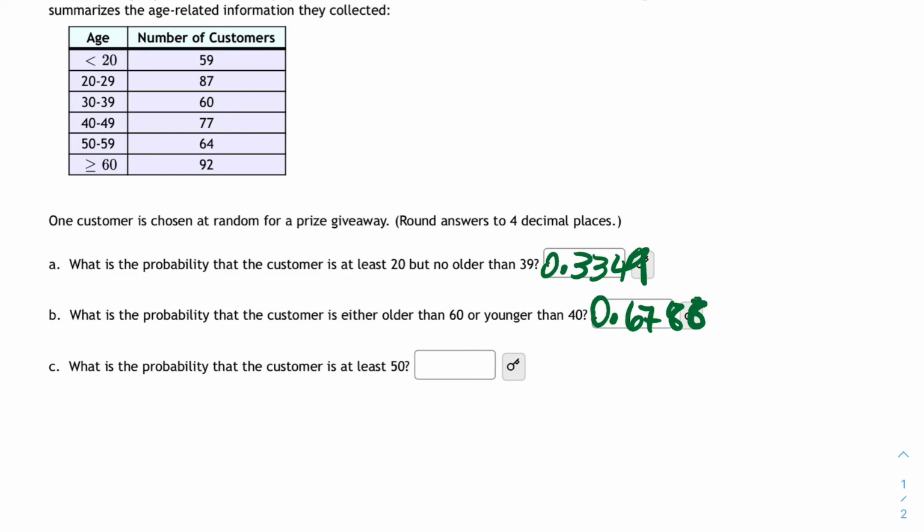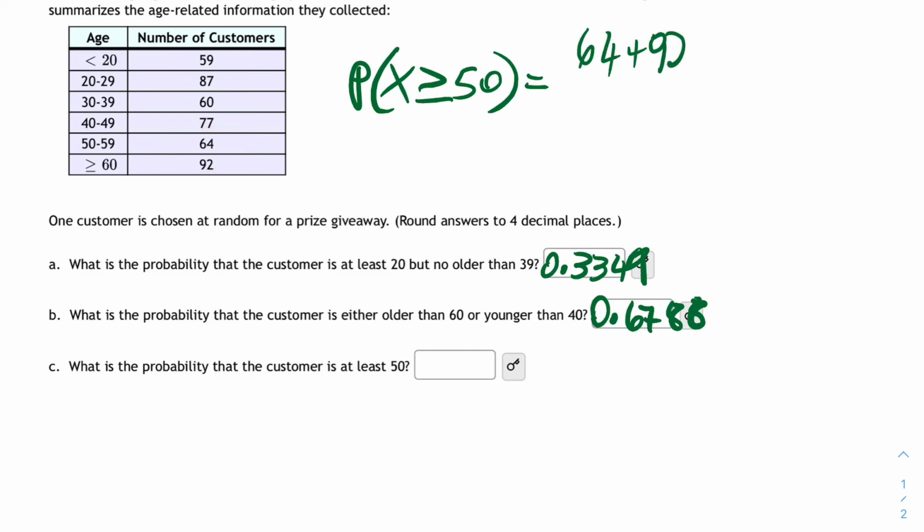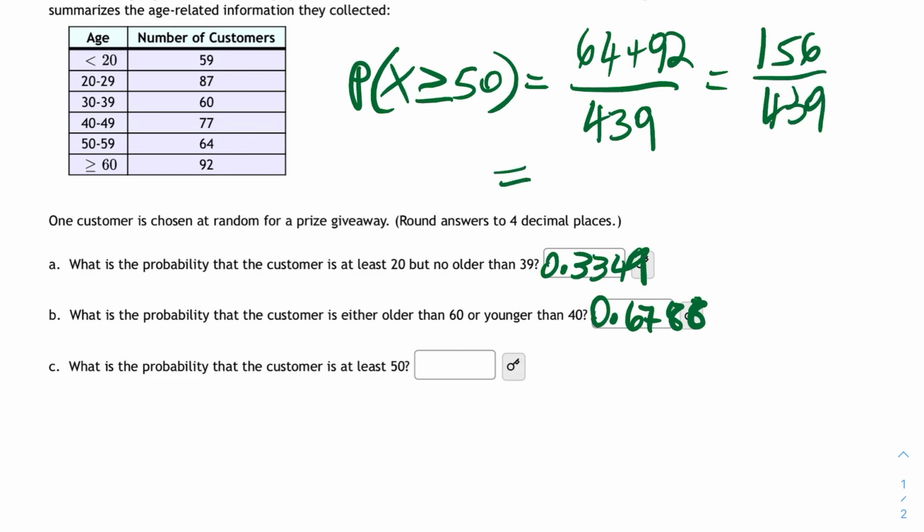The probability of being greater than or equal to 50 in age is those two rows, which are 64 plus 92 people out of the total of 439 people. That's 156 out of 439, which is approximately equal to 0.3554. So that's the answer for the last part, 0.3554.